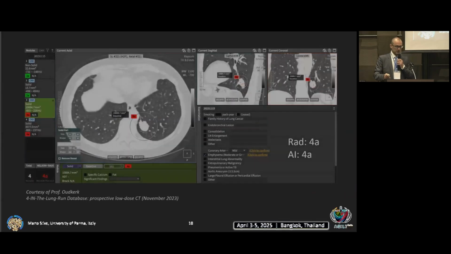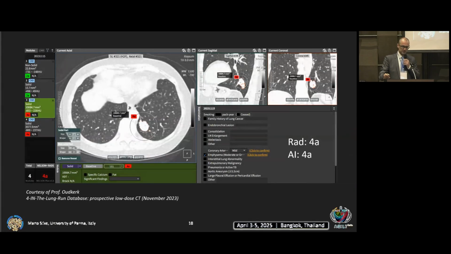So you use volume, which is great, which is okay, but it might have some limitations. This is a grading, a stratification of lung cancer risk. And for instance, let us take this case from the 4 in the lung round trial, where this big nodule was classified by the reading radiologist peripherally as a 4A.